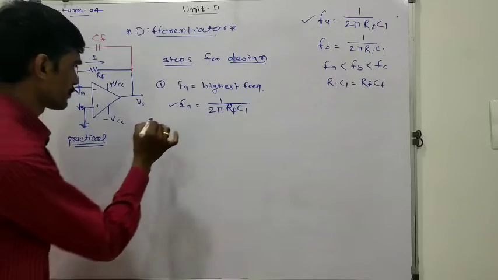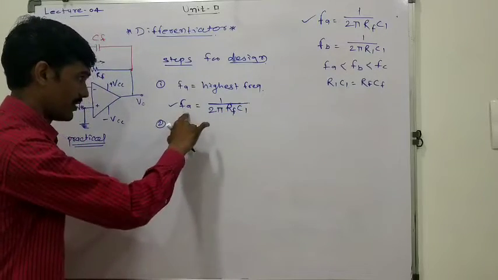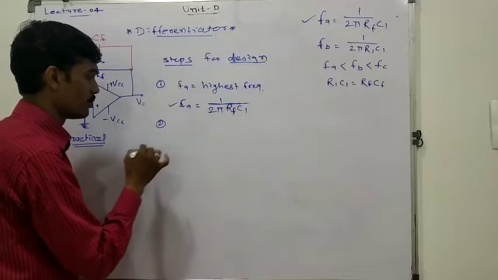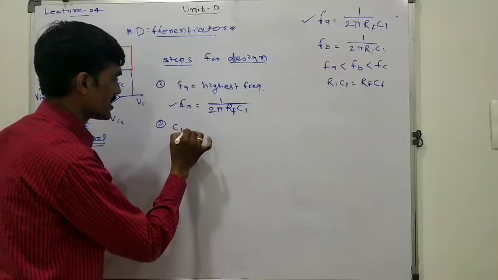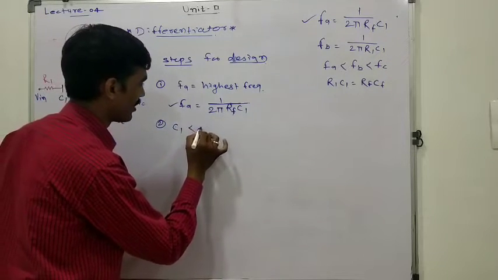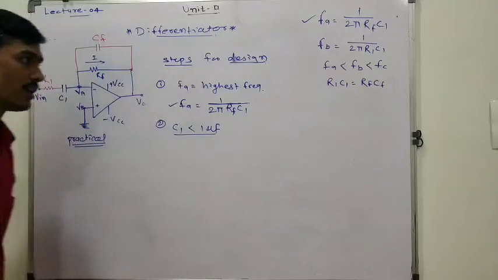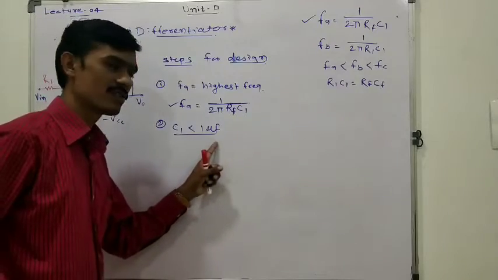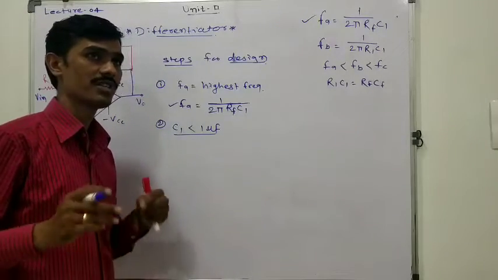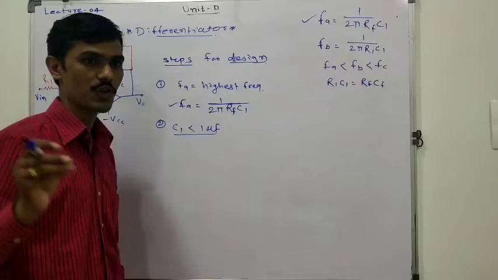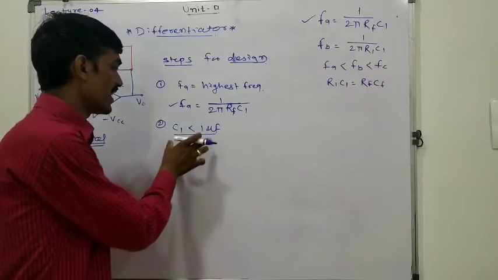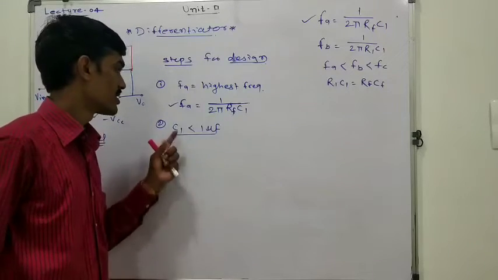Next stage, after this we have to assume one condition. We assume C1 is less than 1 microfarad. Either we can take C1 equal to 1 microfarad, or we can assume C1 equal to 0.1 microfarad or 0.01 microfarad. You can select any value of the capacitor C1.